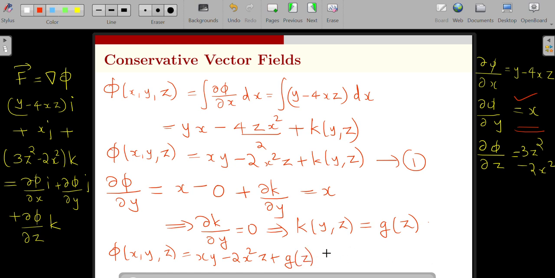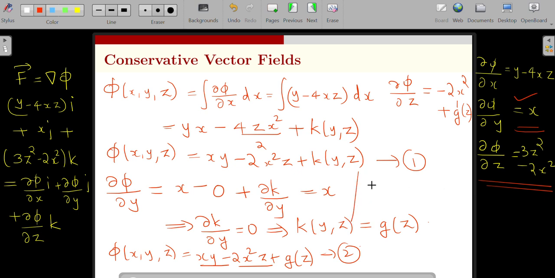Now differentiating phi with respect to z, we obtain dou phi by dou z equal to 0 for the derivative of xy, minus 2x square for the derivative of minus 2x square z, plus g dash of z. We already know that dou phi by dou z equals 3z square minus 2x square. Equating these two, minus 2x square plus g dash of z equals 3z square minus 2x square.